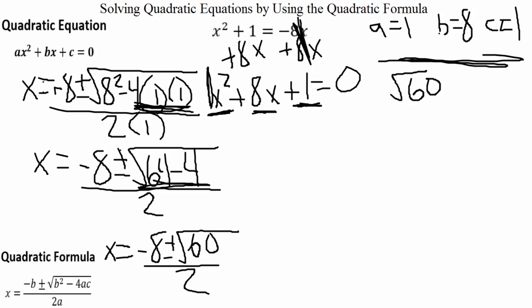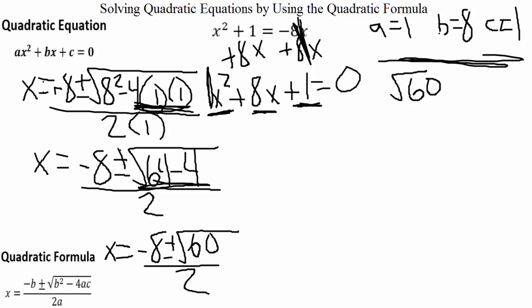It's not 25 times anything. It's not 16 times anything. It's not 9 times anything. 4 would be the next one, and actually 4 would work here because 4 times 15 is 60.